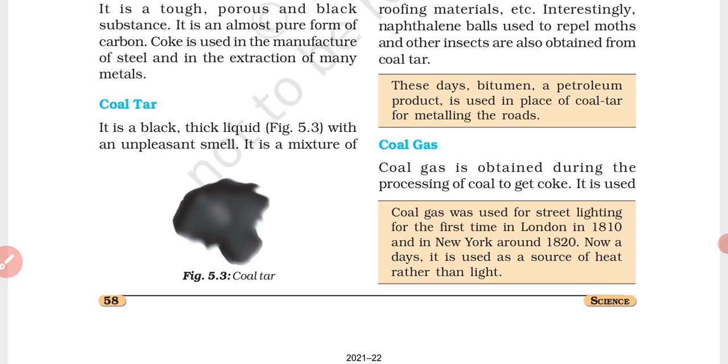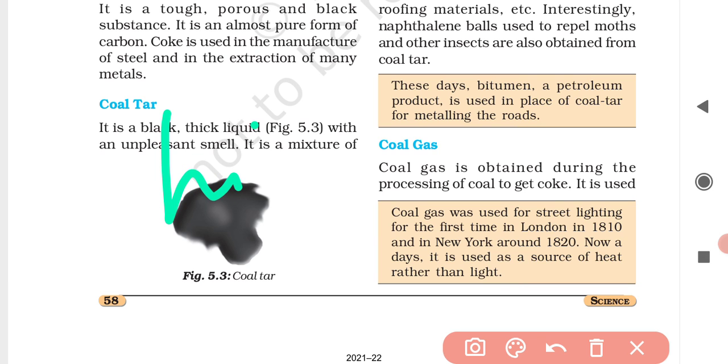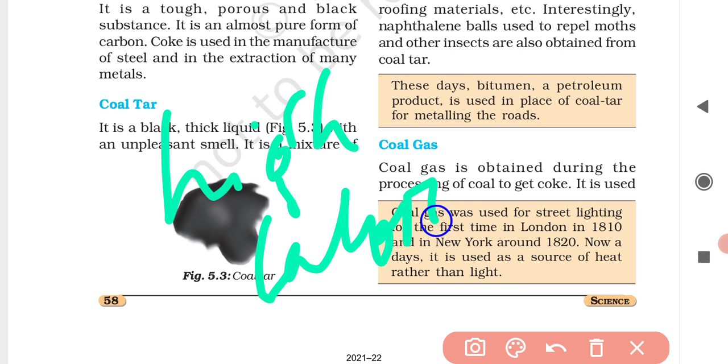It is a mixture of methane and hydrogen with some carbon dioxide or carbon monoxide also present. All the gases present in coal gas can burn to produce heat, due to which coal gas is a very excellent fuel, because it has a high calorific value.